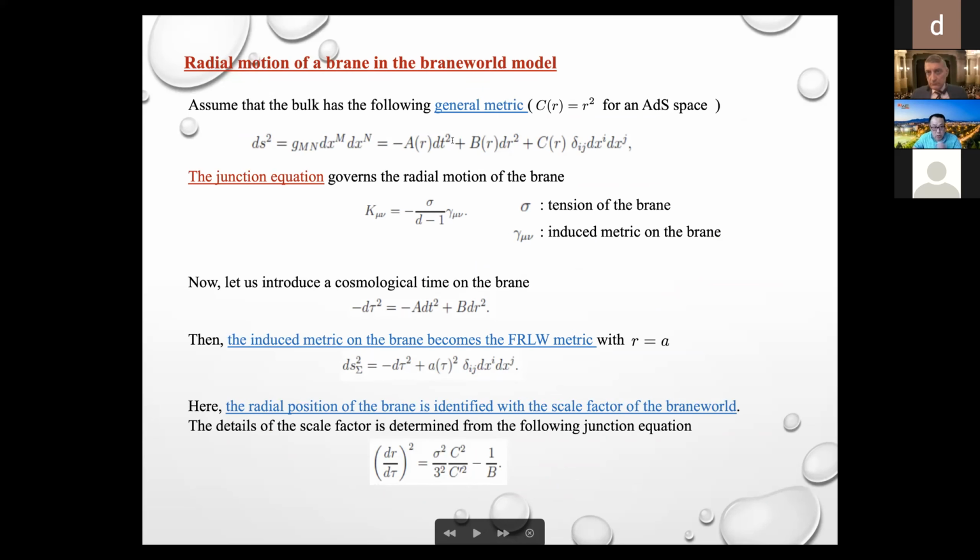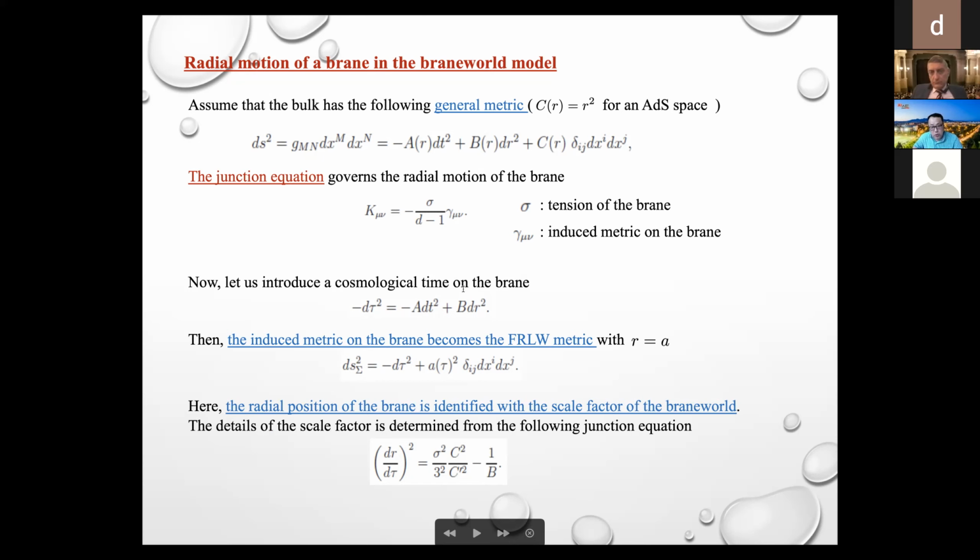Let's see. If we consider bulk geometries given by this form, this is the most general form. Especially if we consider AdS space, then C is given by R squared. Here R means the radial coordinate of the AdS space. Then the junction equation is reduced to this form.